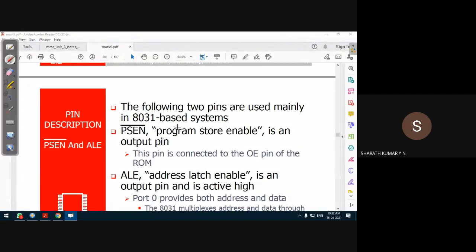These two pins are used in 8031 based microcontrollers, not used in 8051. But it's better to understand this because we understand how the external memory works. So for that, understanding of these two pins is important. Program store enable is an output pin from the microcontroller. This pin is connected to the OE pin of the ROM memory.